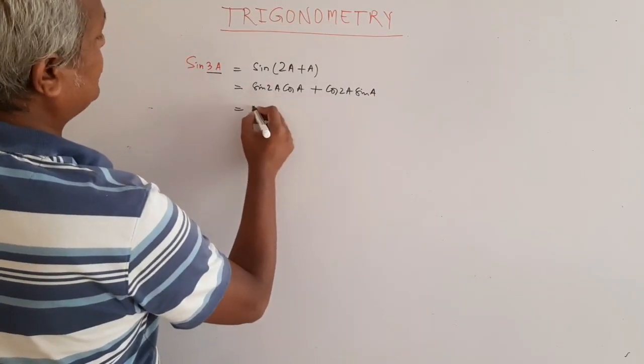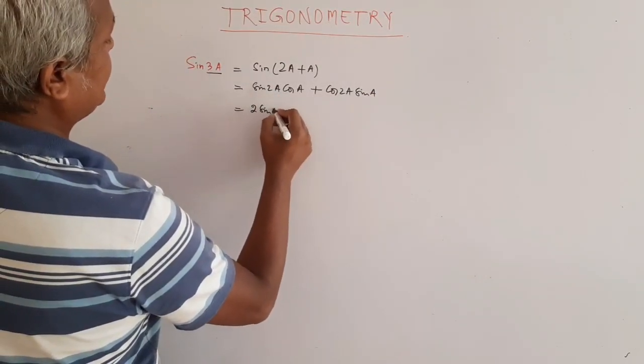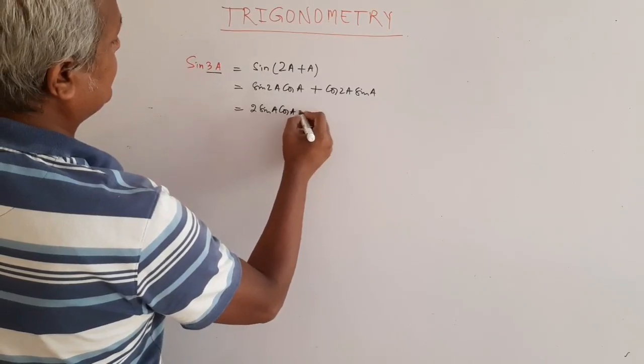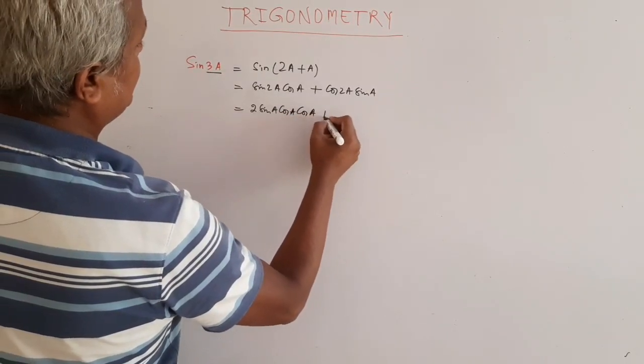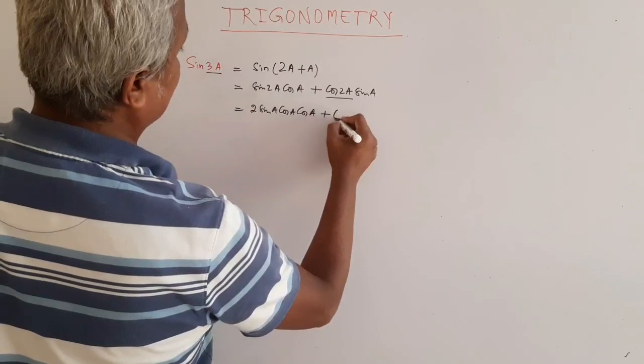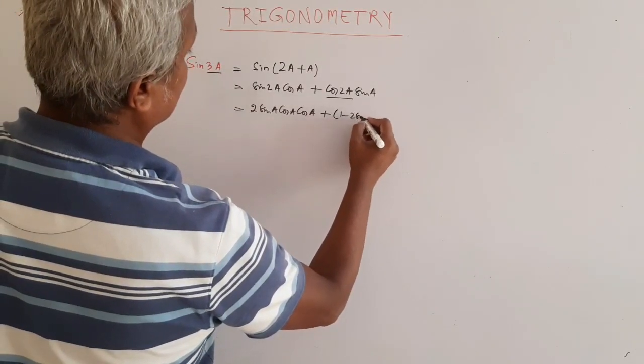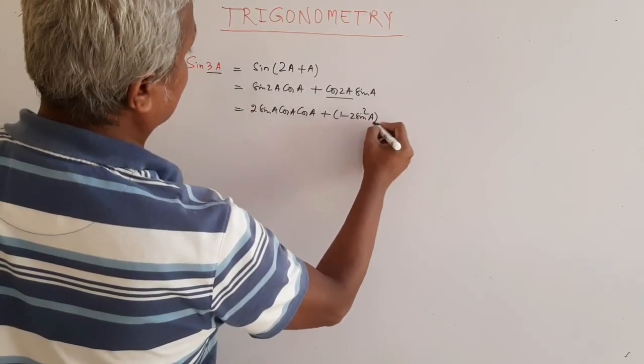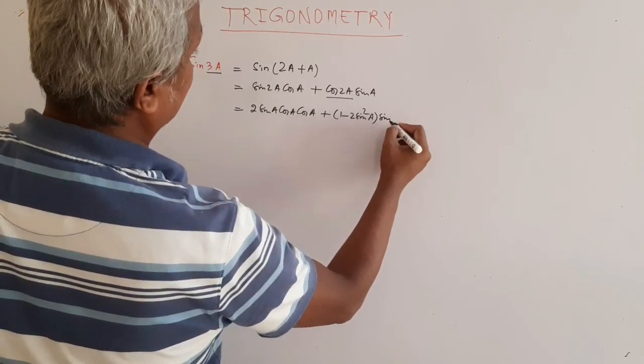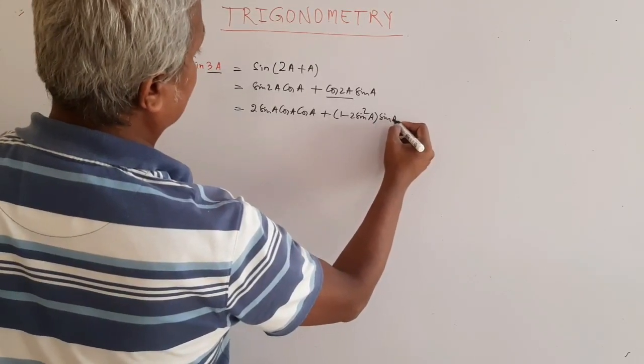At the place of sine 2a, again use the formula, that is 2 sine a cos a and cos a, plus at the place of this cos 2a you write 1 minus 2 sine square a, and this is also a formula which I discussed just few seconds back.